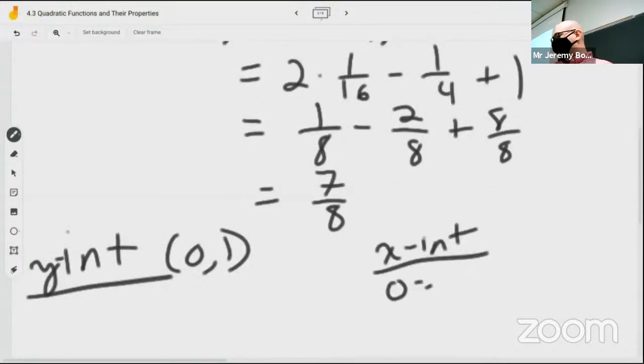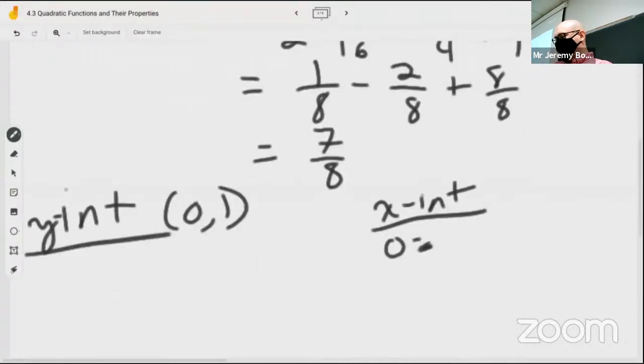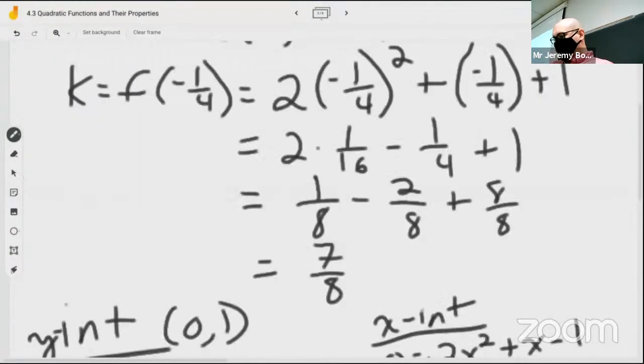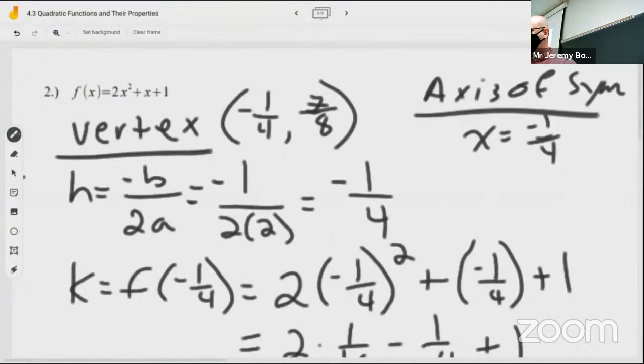And then our x-intercept, that's going to be the tougher one. It's going to be 0 is equal to 2x squared plus x plus 1. Was it minus 1 or plus 1? Plus 1. So we can use some information. Notice our vertex has a positive y value, right? That means it's above the x-axis.